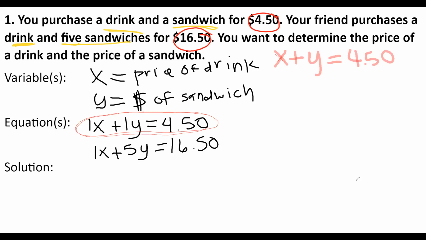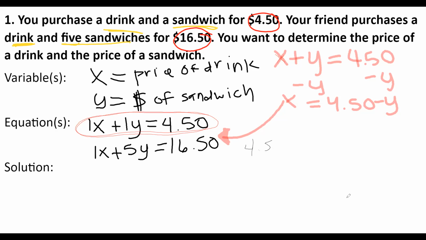If we want X by itself, we're going to subtract Y from both sides. So X equals 4.50 minus Y. Now we can substitute this into our other equation because we know what X is. Everywhere we see X, we plug in 4.50 minus Y.